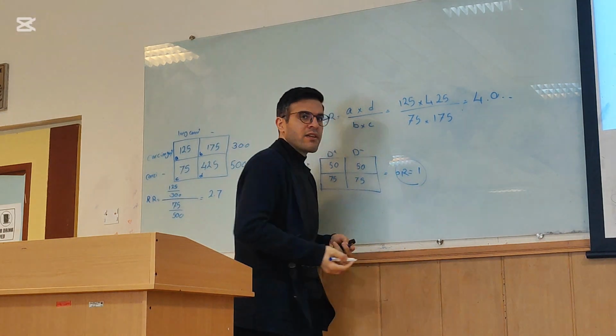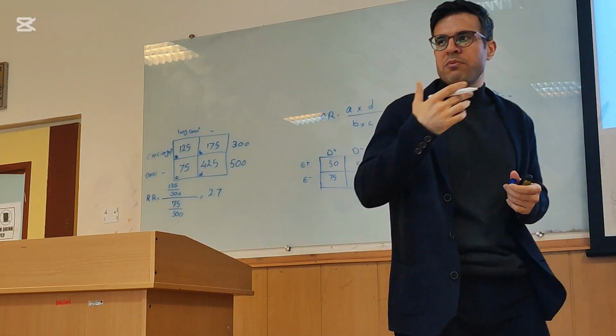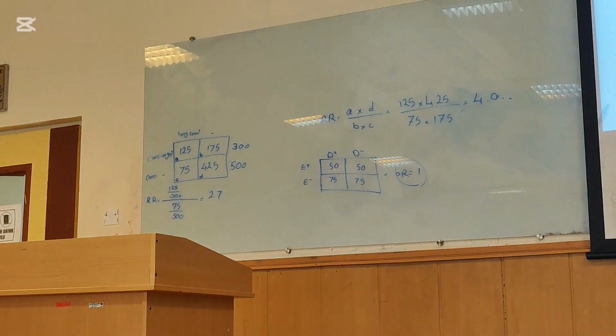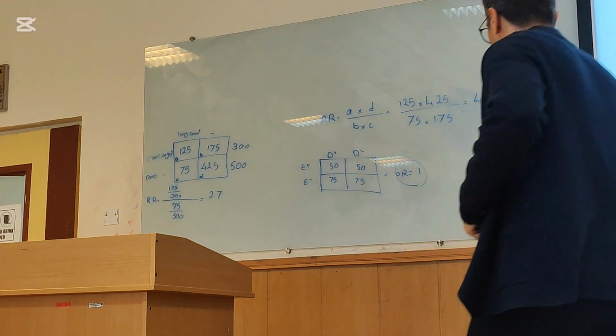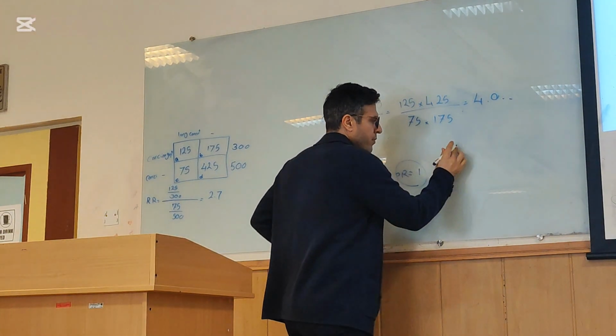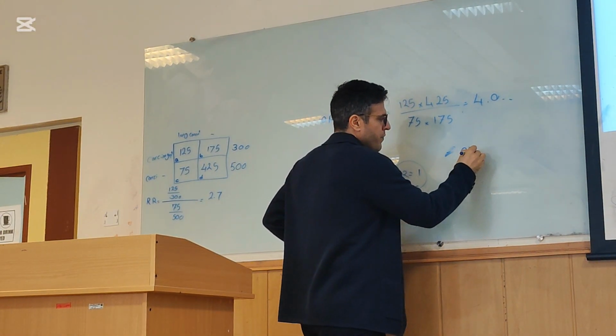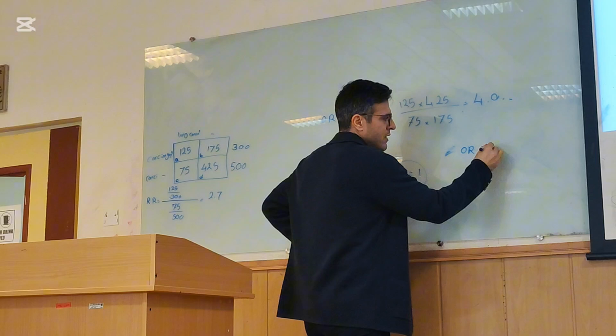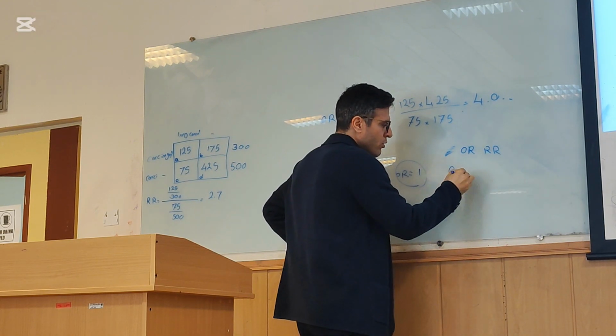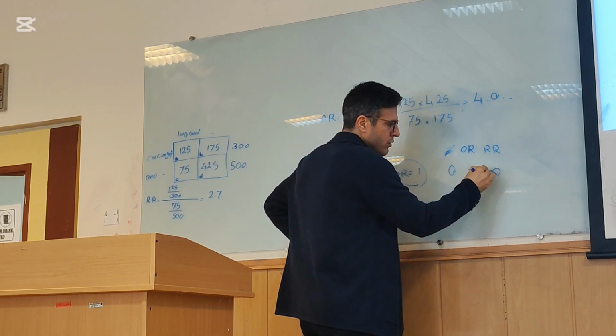What does it mean? It means there is no association between exposure and outcome. Why? Because the odds ratio is 1. And odds ratio and relative risk range from 0 to infinity.